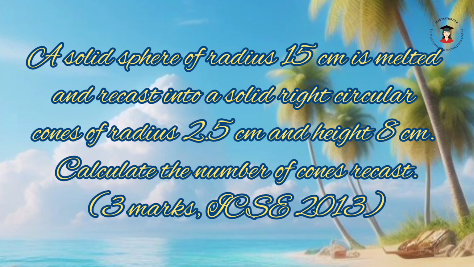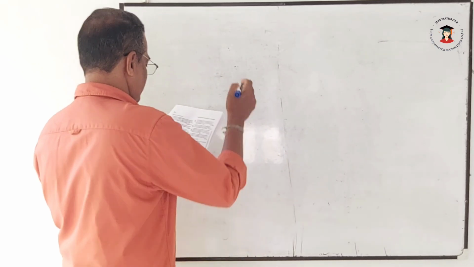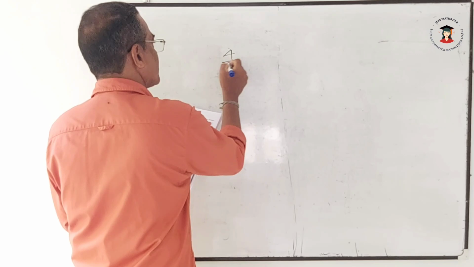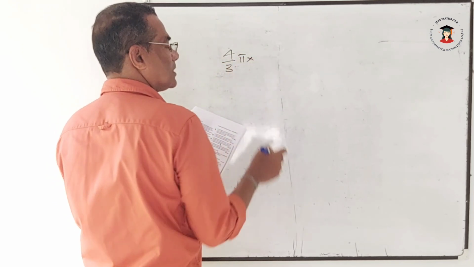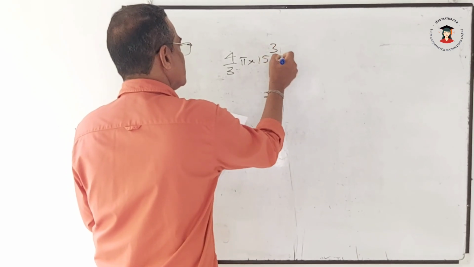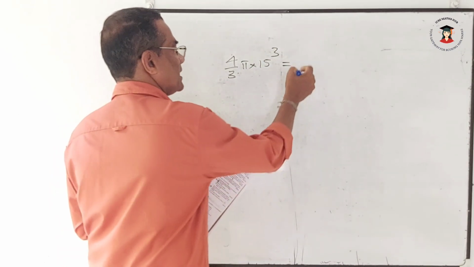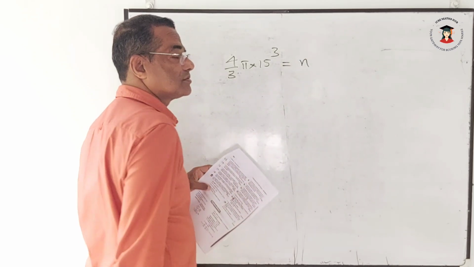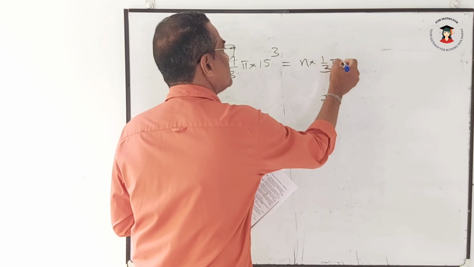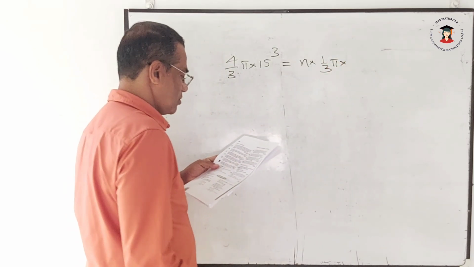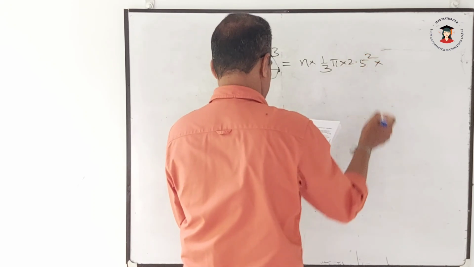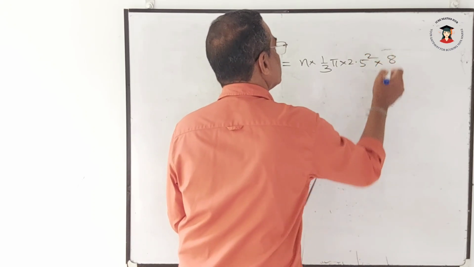The volume of the sphere will be 4 by 3 pi into radius of the sphere is 15, so 15 cube. This you need to equate to n cones, n into 1 by 3 pi into radius of the cone is 2.5 square and the height is 8.